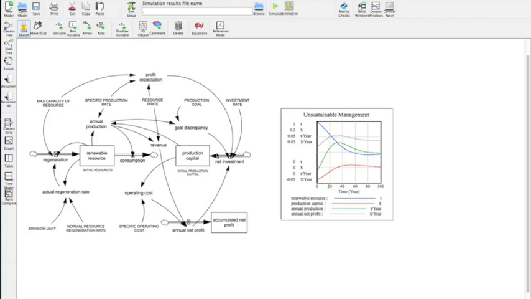And what you're going to see here, you can actually run this model, is that you can get into a situation where the resource is not going to be sustainably managed. So I'm going to let you do that. I want you to run this model and post any insights on our discussion page. Also, in comparison to the previous model, model B, this would be model C, in which you do have that linkage between resources and investment. Okay, so I'll let you run with this and post any insights on our page. Okay, thank you.